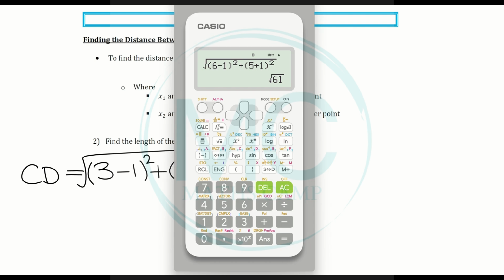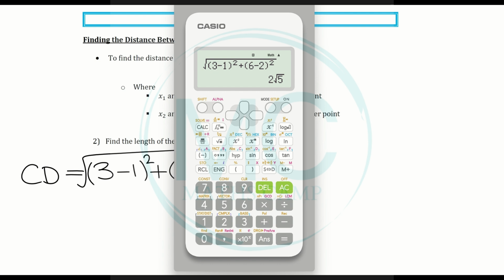Take my calculator, square root, open the first bracket, 3 minus 1 squared, plus, open the second bracket, 6 minus 2, close the bracket, squared, is equal to 2 root 5.